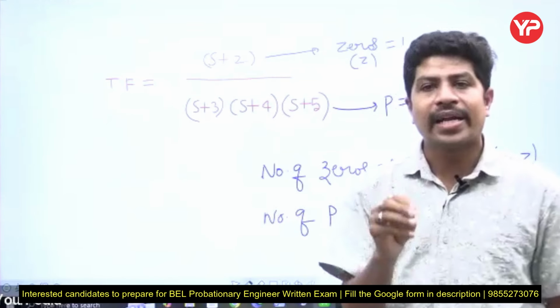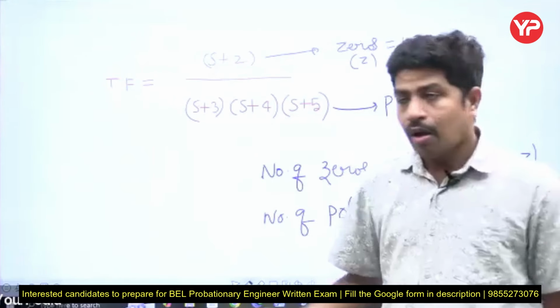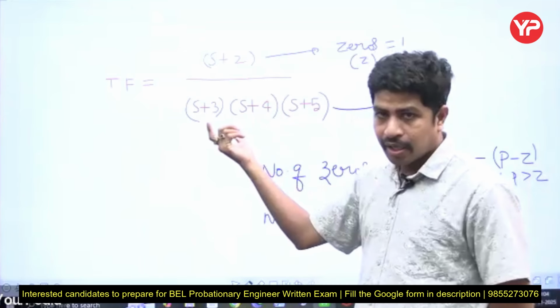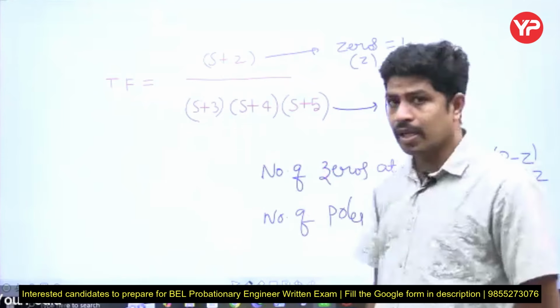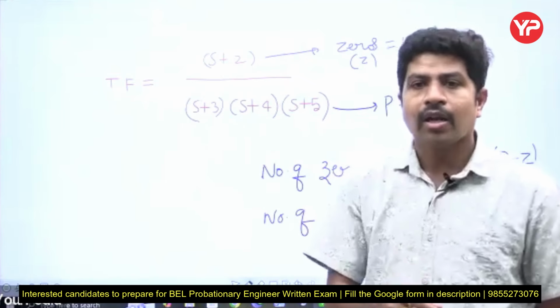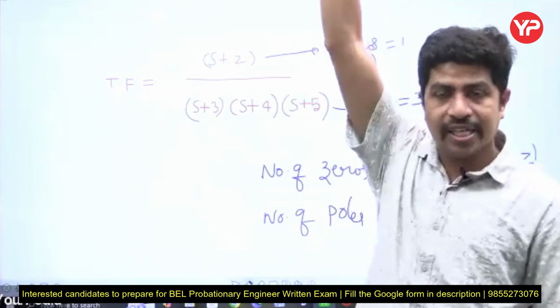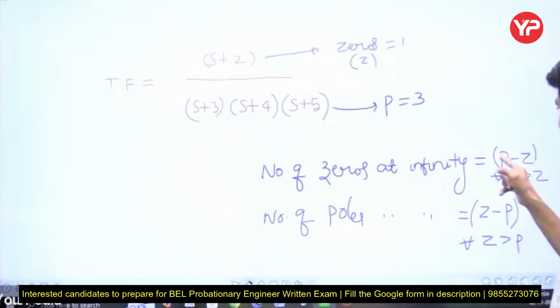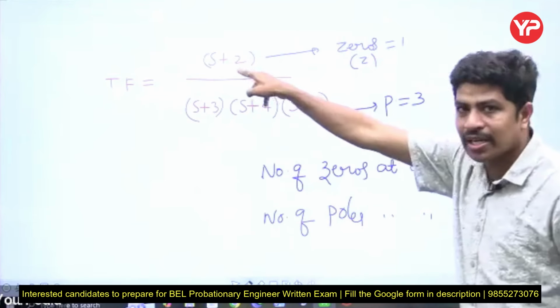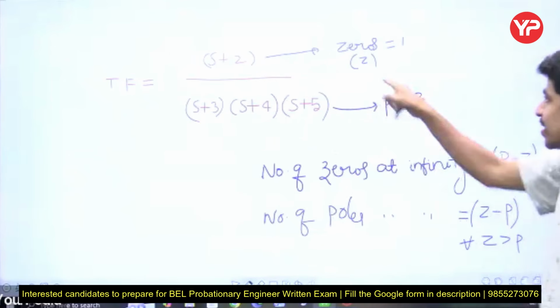But what the scientist says is, brother, how many poles are there? 3. Number of zeros also should be 3. But only one is visible. He is saying there are 2 more zeros at infinity. Those are called the number of zeros at infinity. How many poles are there? 3 poles. How many zeros? 1 zero.